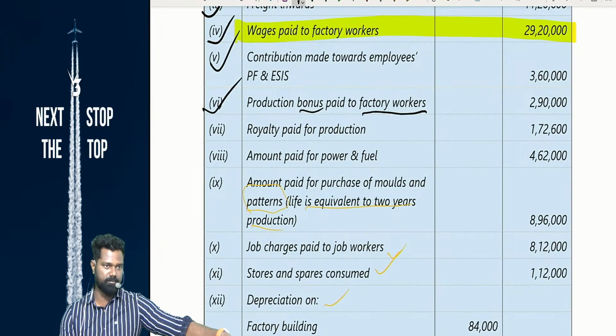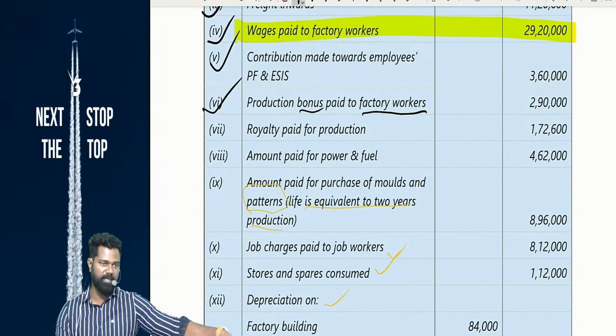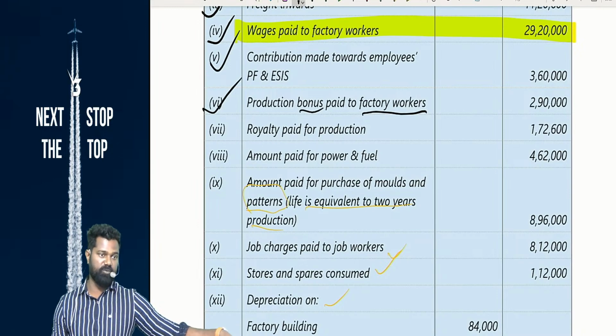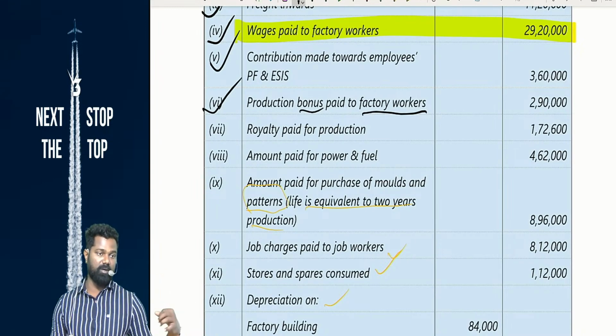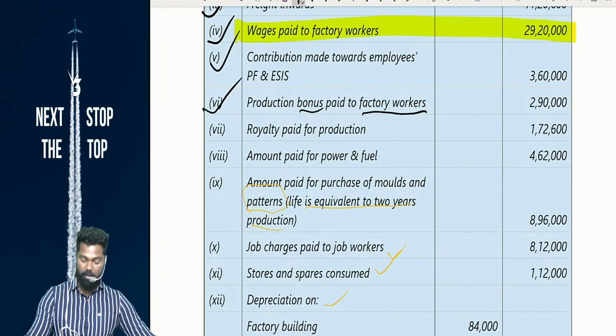The supervisor will never produce; he is the one who comes and checks. He is not producing, he is just providing services. So that will come under what? Factory overhead. It's an indirect cost. Clear? Okay. Don't worry.